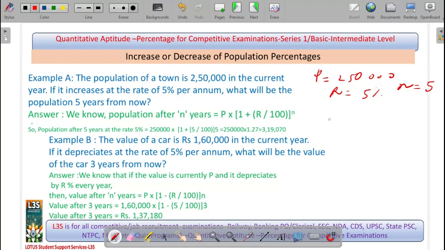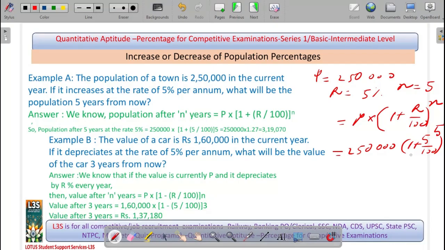So we know population after 5 years will be P into (1 plus R by 100) to the power N. So P is 250,000, (1 plus 5 by 100) to the power 5. Now if we find out this, we'll get 3,19,070. Okay.